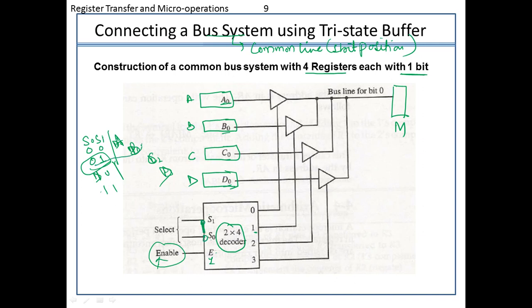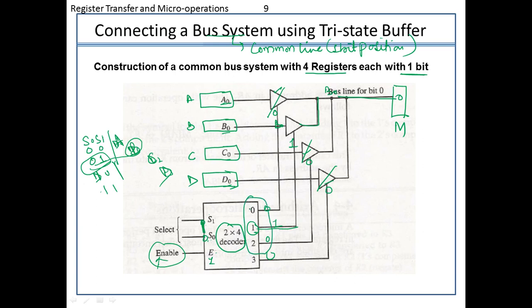In case of 0 1, B should have the authority to transfer the data. 0 1 simply means the number one, so this pin is active and the rest are all 0. These are in high impedance state and would not be able to transfer the data. Only this particular register with the value B0 can take its data on this common line and proceed. Similarly, depending upon the values in the decoder, I would be able to depict the results.